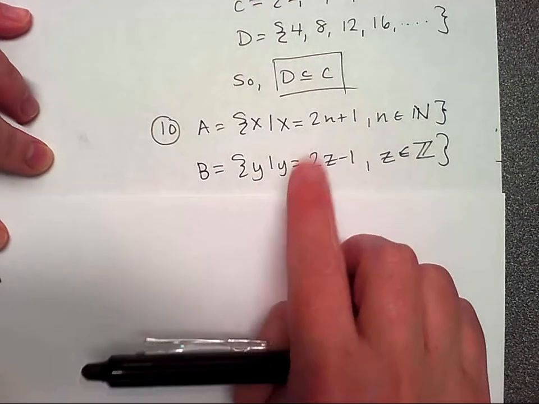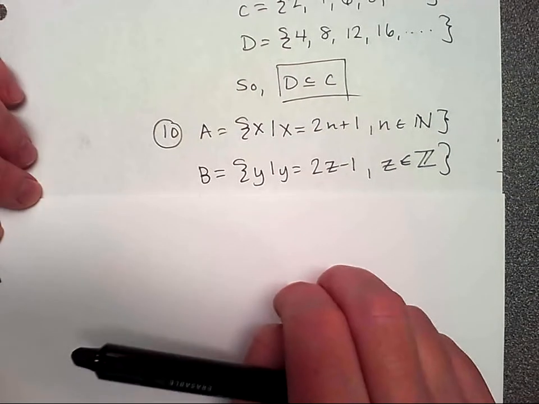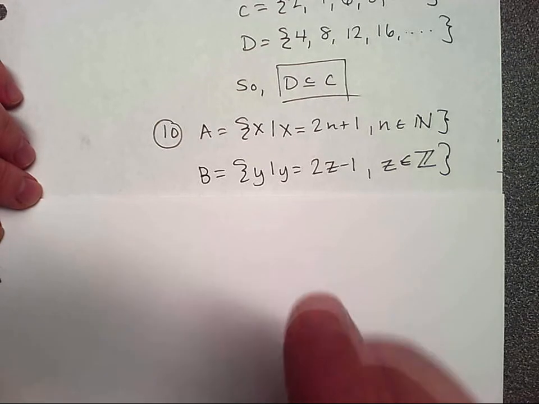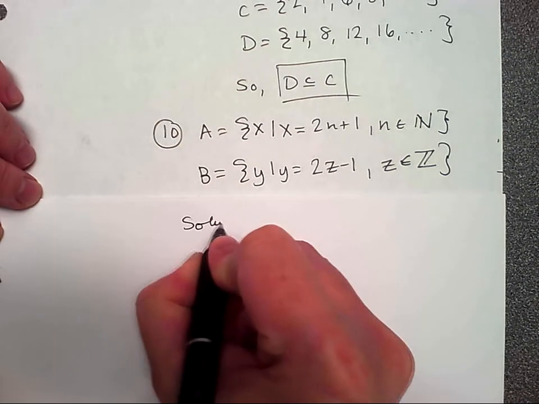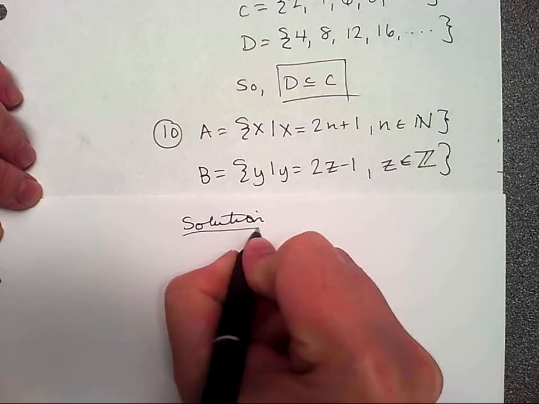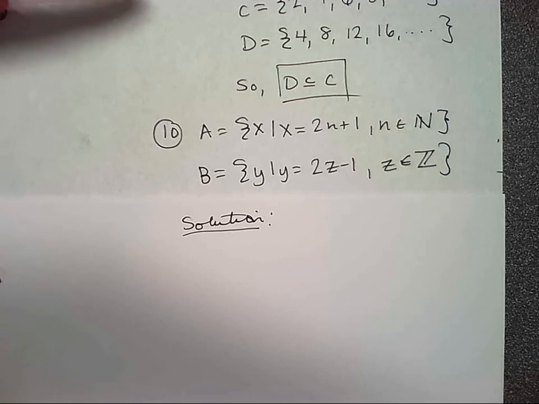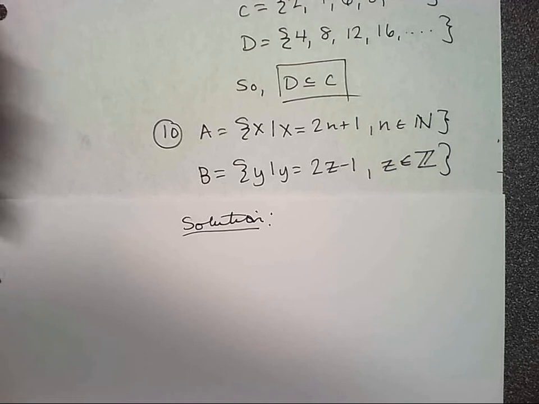So, can you guys tell if one set is a subset of the other? Does anybody have a guess? Seems like everyone's kind of staring at it a little funny. So let's try to do what we did in the previous example and write out the set a little bit more so it's less tricky.